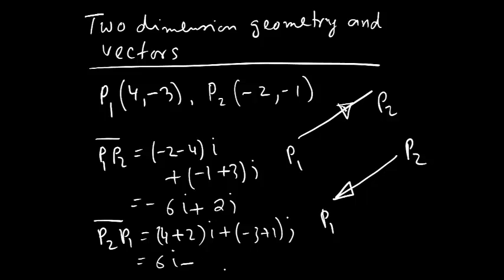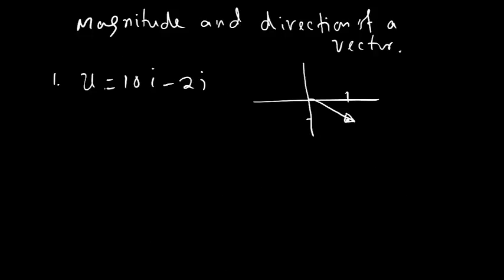So you are getting 6i minus 2j. You can just see here -6i plus 2j. Now when the signs change, 6i minus 2j, it is going in the opposite direction.